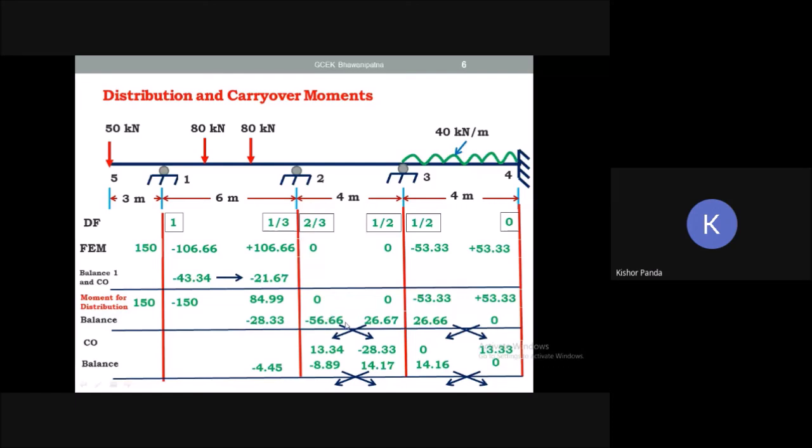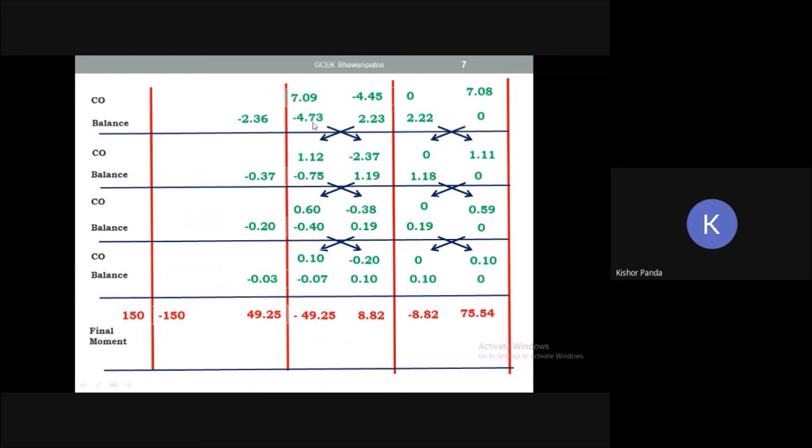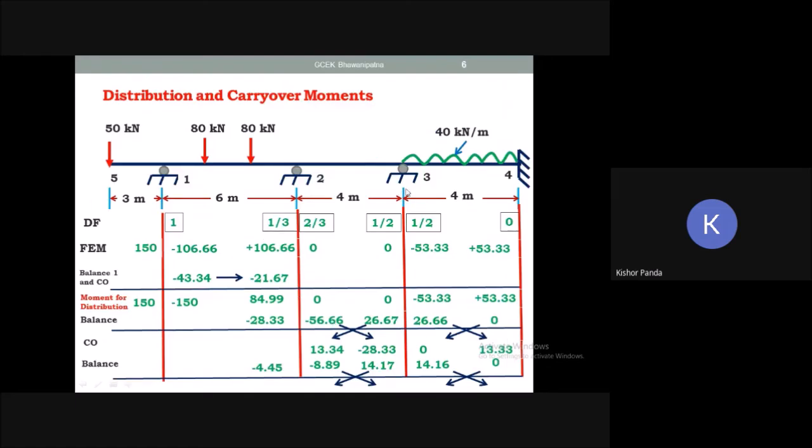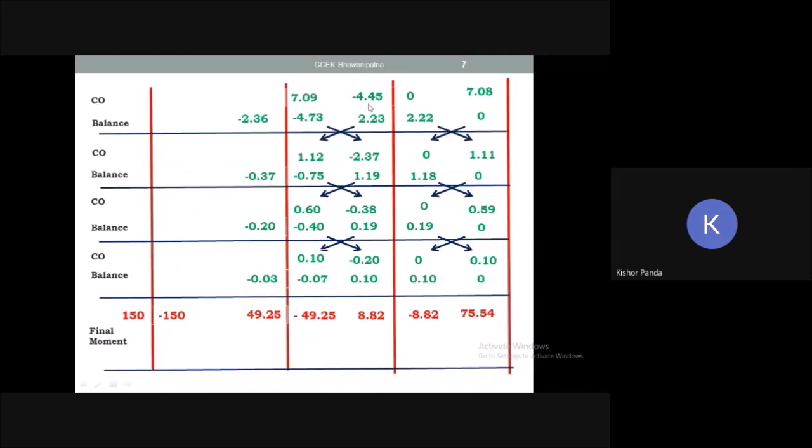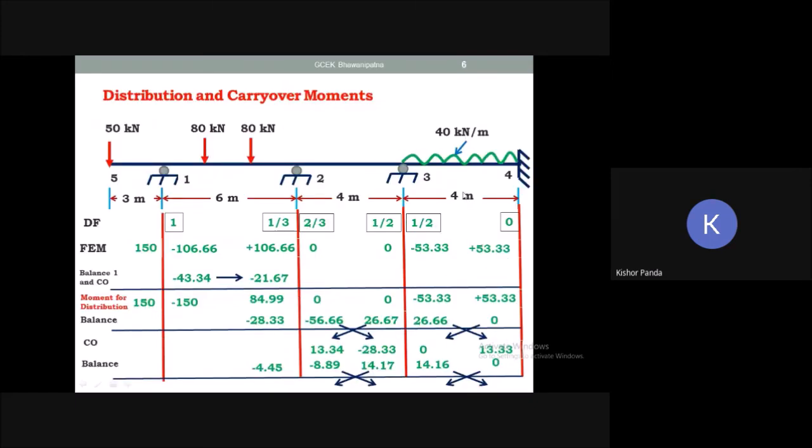This is minus 56.66. 13.34 minus 8.89, 7.09 minus 4.73, 1.12 minus 0.75, 0.60 minus 0.40, 0.10 minus 0.07, minus 49.25. Similarly, for 3-2, you have to take the sum: 26.67 minus 28.33, 14.17 minus 4.45, 2.23 minus 2.37, 1.19 minus 0.38, 0.19 minus 0.20, 0.10. This is the moment. Similarly, M34, this is the moment, and M43, this is the moment.